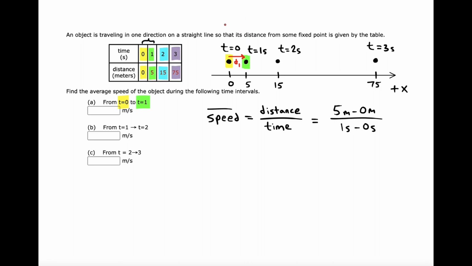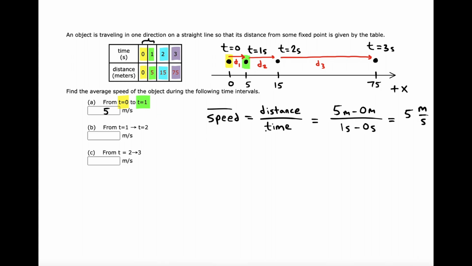If it did that where it went forward and then backward and forward again, the distance could be different than 5 meters. So it is critical that that is stated. Then we're going to have a second distance, which was d2, and then a third distance, which I could call d3. Alright, so that first average speed is going to be 5 meters per second.